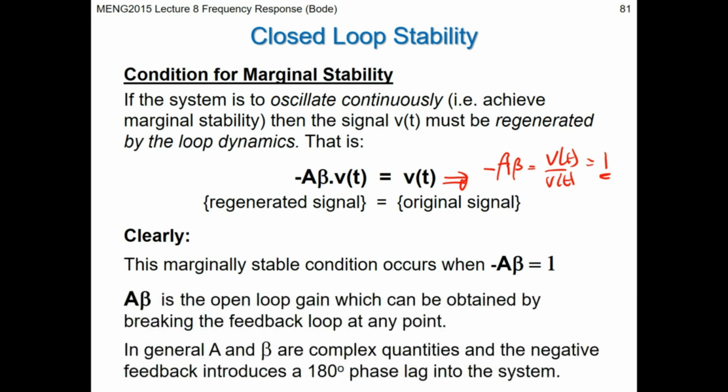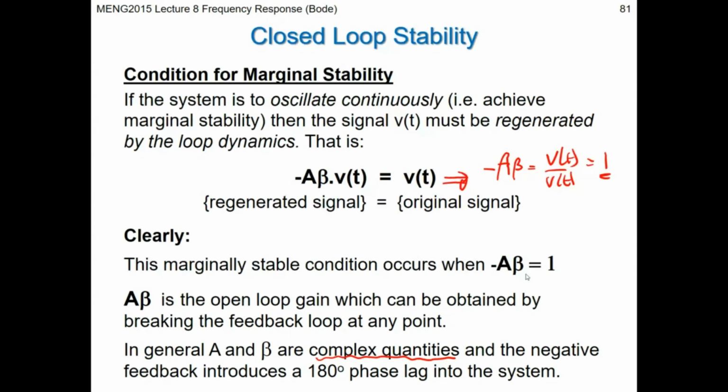Now, A beta is the open loop gain, and we are used to getting our open loop transfer function. The open loop gain is just the real part of that. But in reality, of course, it's not just real. A and beta as transfer functions are complex quantities. So they don't only add gain to our signal as it passes through them, but they also add phase shift, phase lag, phase lead.